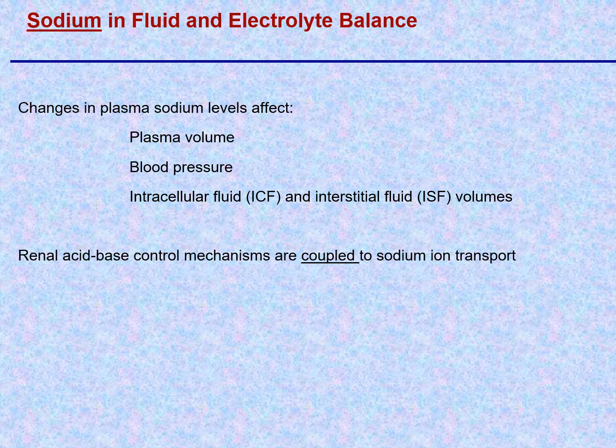The main thing that causes water to move by osmosis is the electrolyte concentration, and the major electrolyte responsible for that is, in the end, sodium. As an aside, and we're going to talk about it more in Unit 2C, renal acid-base control mechanisms are always coupled together with sodium ion transport.